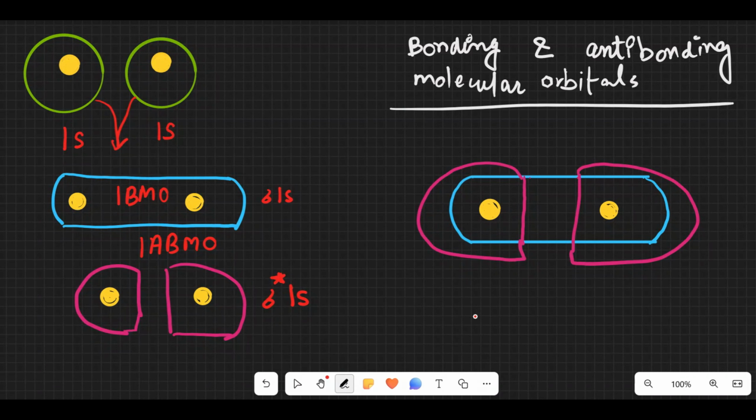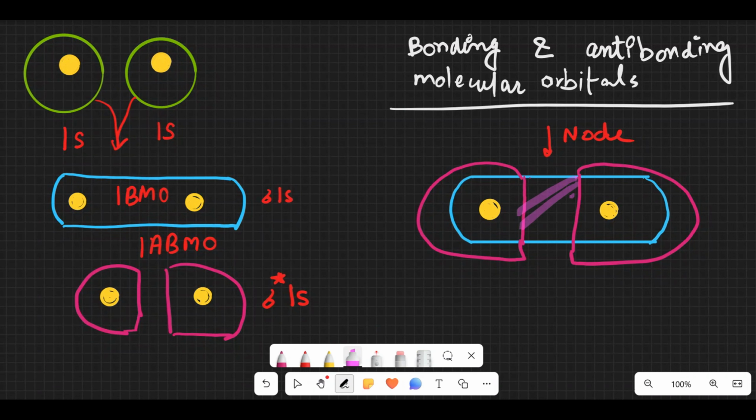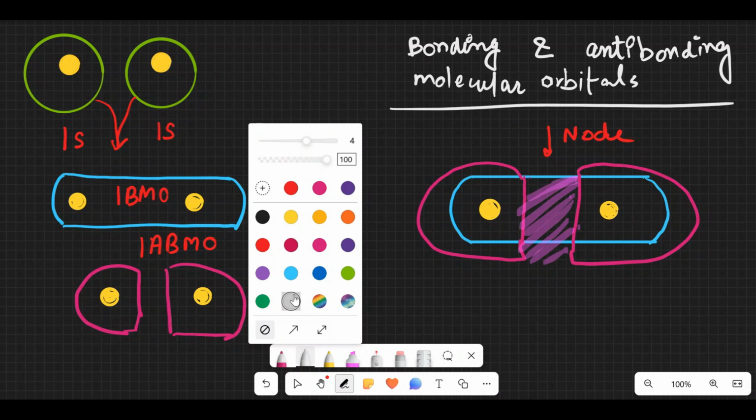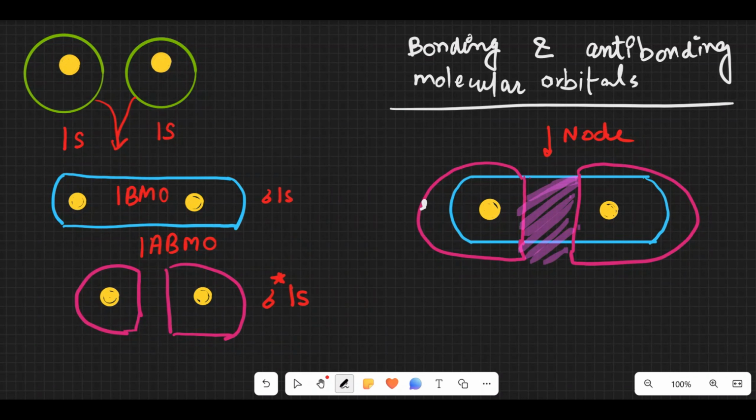You can see the clear gap between the nuclei, and the probability of finding the electron is not in the gap, that is called a node. You can see the gap between these two pink lines. These two pink lines are the boundary of the anti-bonding.